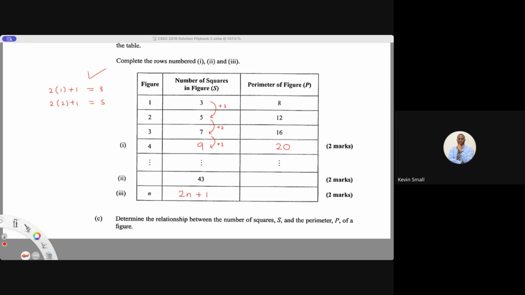See if you do the same thing on the other side. Work out a formula for the perimeter. Do the same steps to see if you can work out a formula for the perimeter down here, okay? So let's see if we can work out this formula down here.